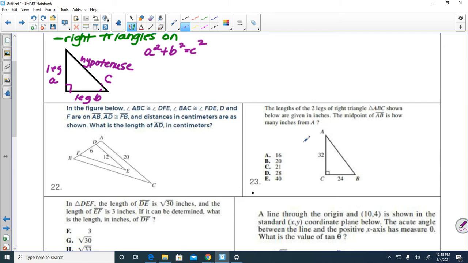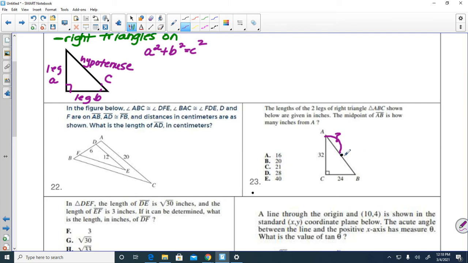The lengths of two legs of a right triangle, triangle ABC, are shown below and given in inches. The midpoint of AB, so somewhere in the middle right here, is how many inches from A? So they're asking, what is this length to the midpoint?